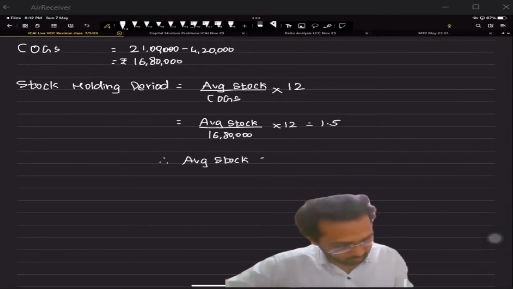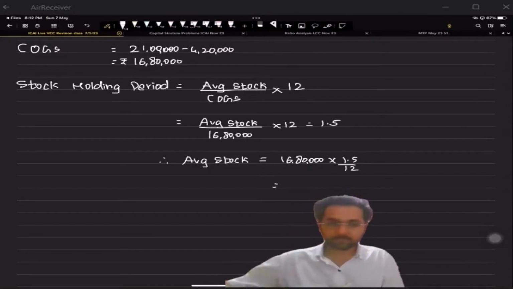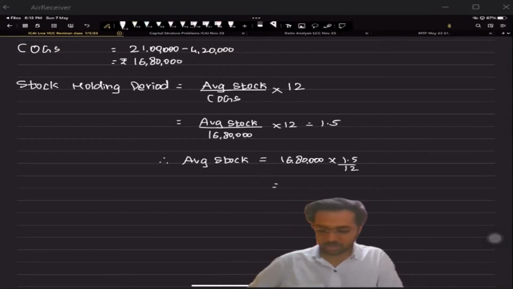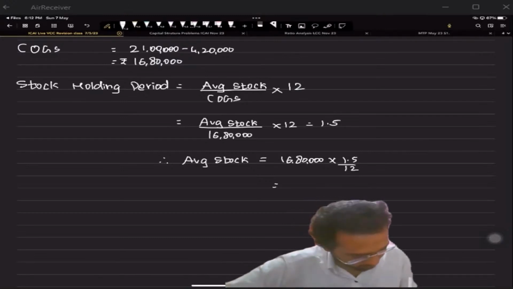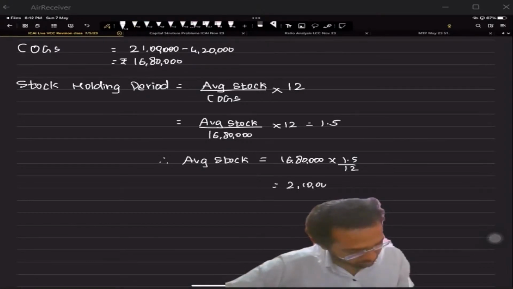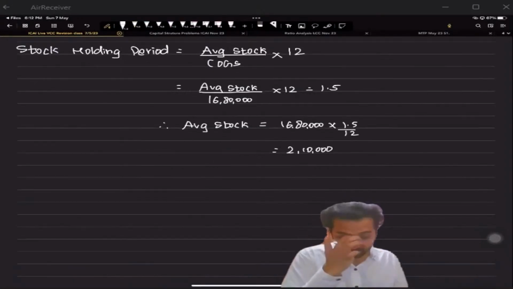So average stock will be 16 lakh 80,000 into 1.5 divided by 12, which is 2 lakh 10,000. So this is the average stock.